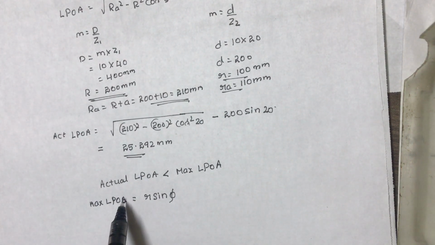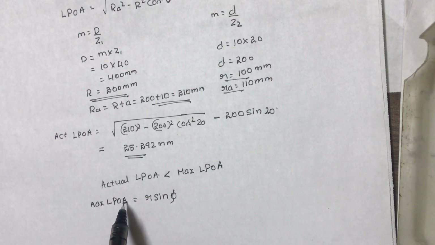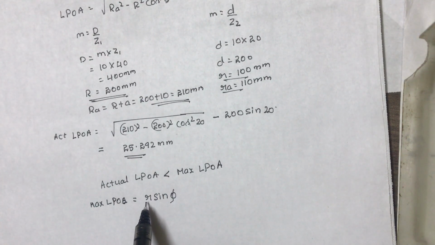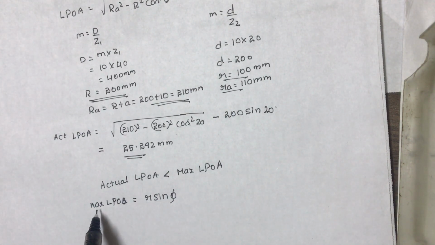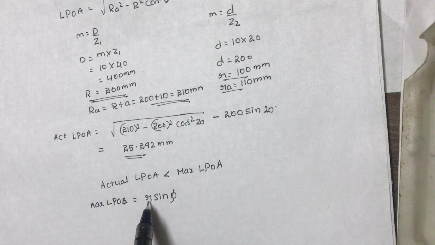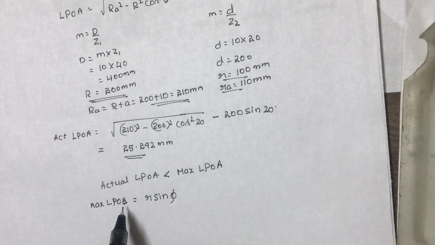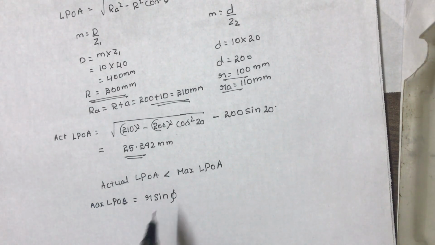In case of maximum length of path of recess, in that case we are considering capital R. Okay, please remember this. For maximum length of path of approach, we are considering small r, that is the radius of pinion. Likewise, for maximum length of path of recess, we are considering capital R.